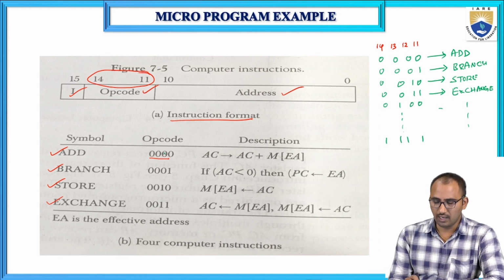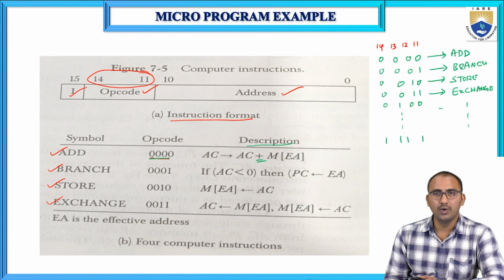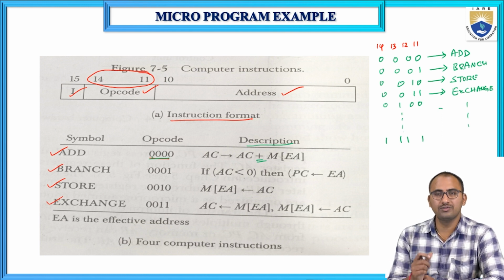So here the opcode field is all zeros. What is the operation performed here? This add instruction performs addition of M of EA, where EA means effective address. In order to perform the addition operation, we require two operands, that means two values. One value is stored in the accumulator, and another value is stored in the memory.